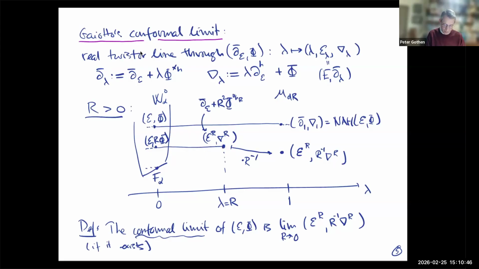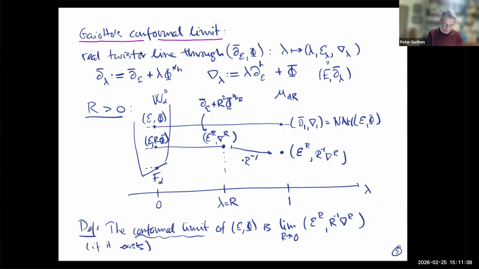And then you move yourself into the de Rham moduli space just using the C star action, which, since you need to go to 1, you multiply by R minus 1. Okay, so what does this give you? This gives you a holomorphic bundle, E_R, where the metric depends on R, and you have this flat connection here.